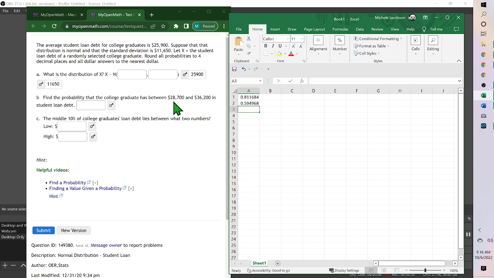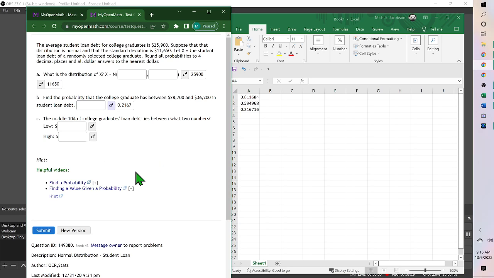We want the value in between, so we just subtract them. And you can do it on here. You can go equals, click the first one, minus, and click the second one, and hit enter. And there's your answer.